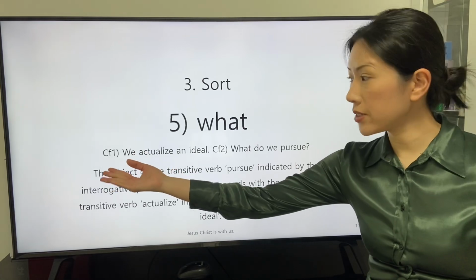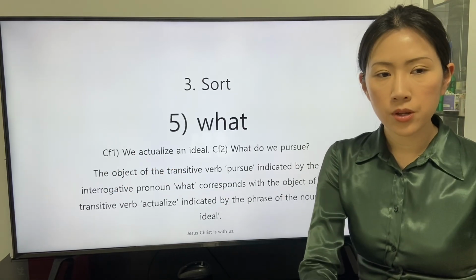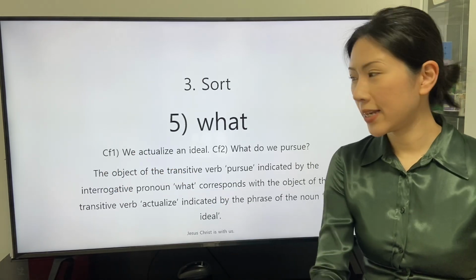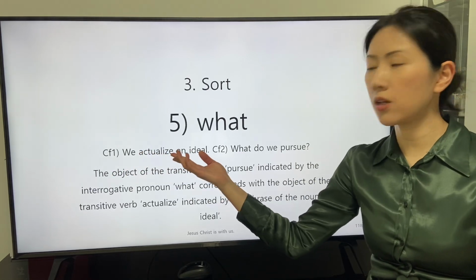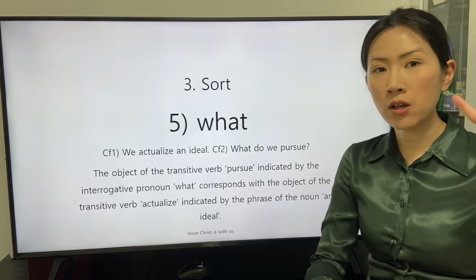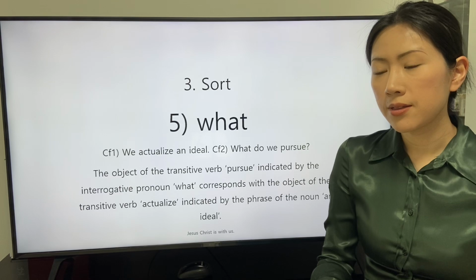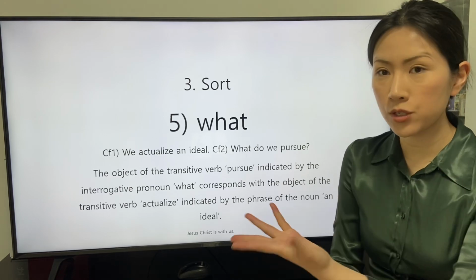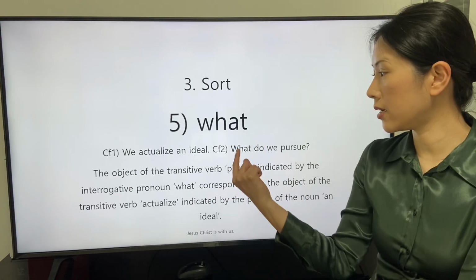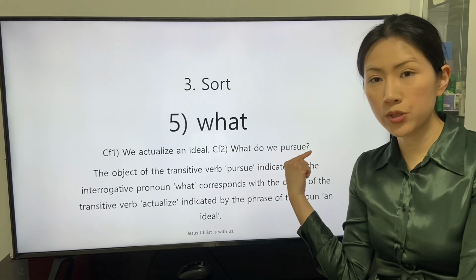The first sentence to become the main clause is this. We actualize an ideal. The second sentence, that is the interrogative clause to be the subordinate clause, is this. What do we pursue?